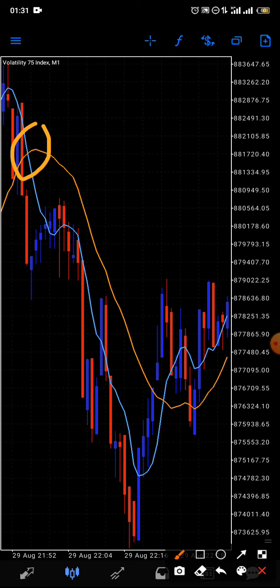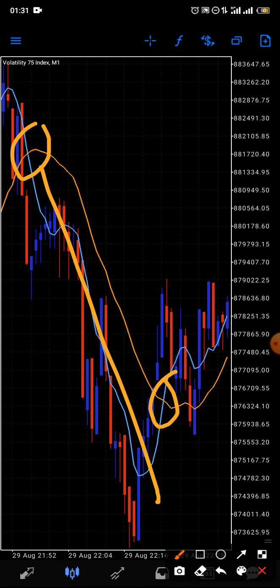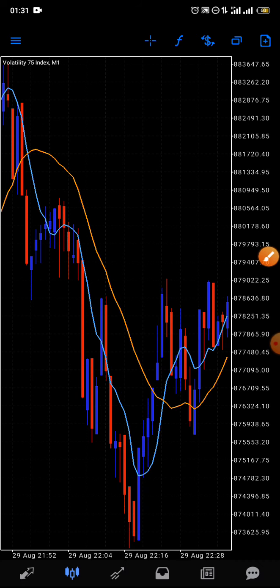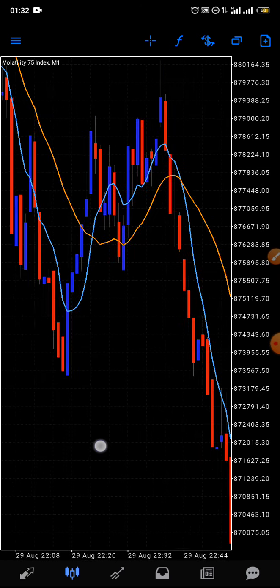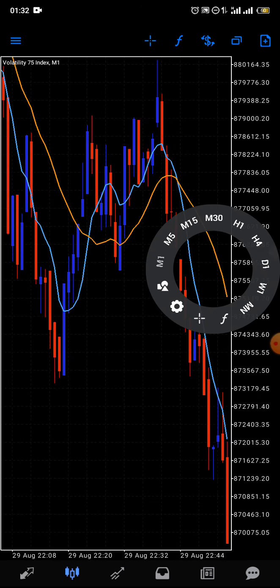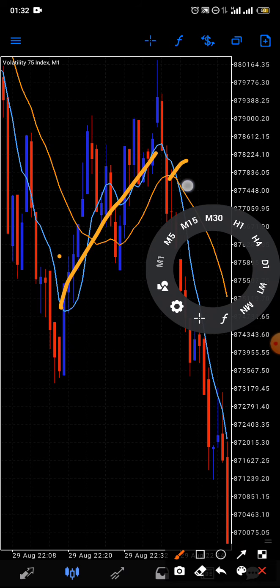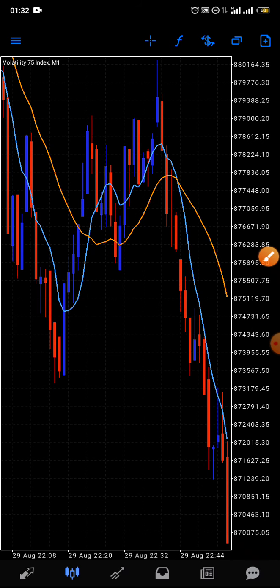And when they crossed, what do you see? A bearish movement. And they crossed here once again, and after they crossed, we see an immediate change in direction. So the candlesticks went the opposite way, and we can notice the little bullish movement here before it crosses again and forms another massive bearish movement.